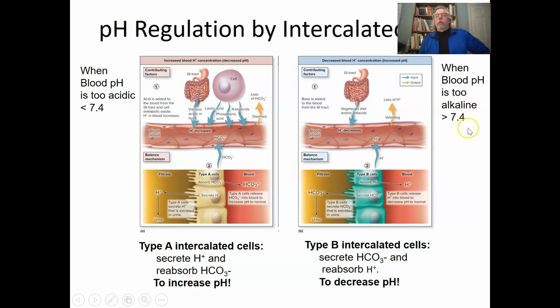On the other hand, what happens when the blood pH is too alkaline? So greater than pH 7.4. Well, that's where the B cells come into play. The B cells do just the opposite of the A cells. They reabsorb protons into the bloodstream, and they secrete bicarbonate ions into the tubule.